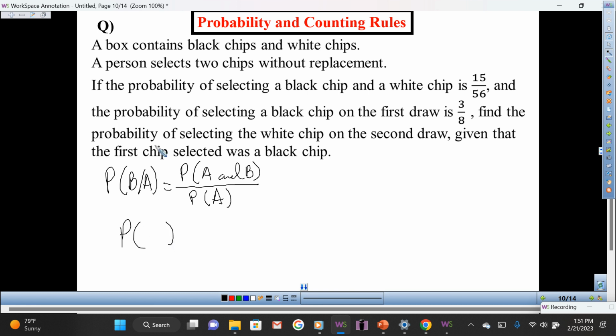What are they asking us for? A box contains black and white chips. A person selects 2 chips without replacement, meaning one depends on the other.